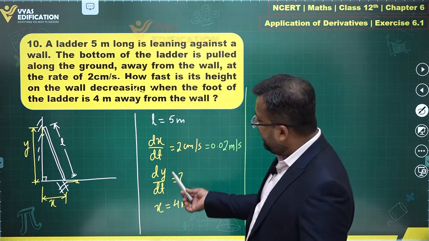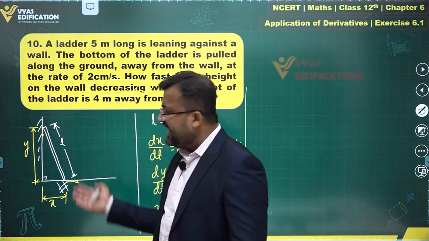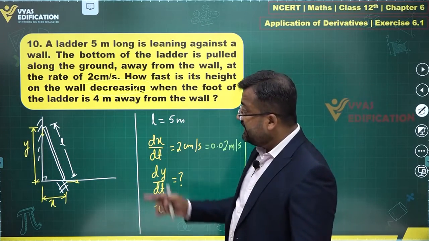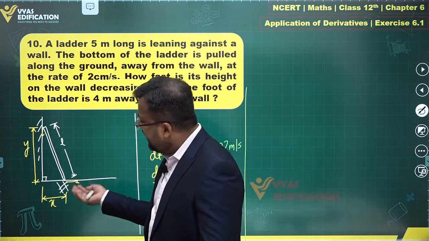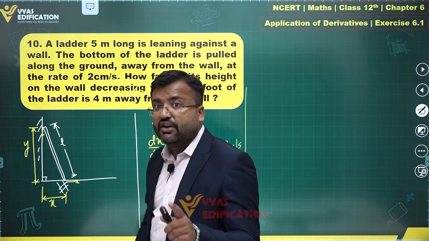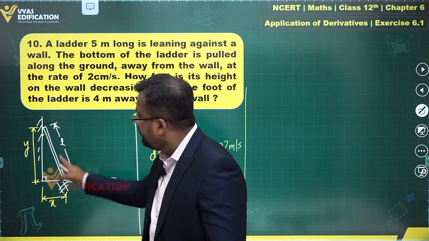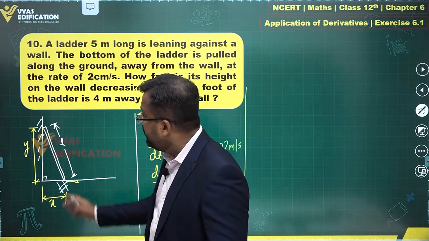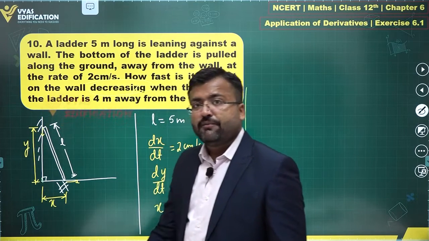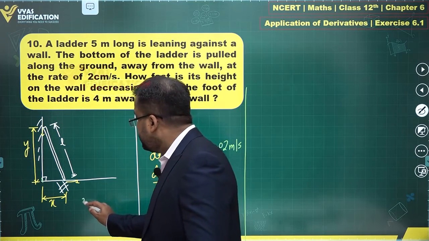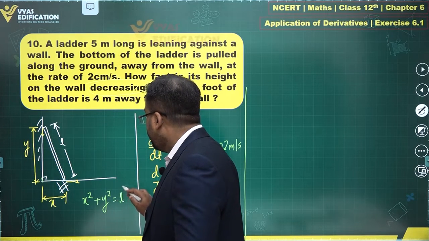Since dy by dt is asked, do you observe that we'll need some relation between x and y, right? This L is the key, because any x or any y will have one thing common. This is a triangular shape, in which you'll have this as the hypotenuse, this as the base, and this as the perpendicular. So the important thing to observe over here is x square plus y square will be equal to L square.